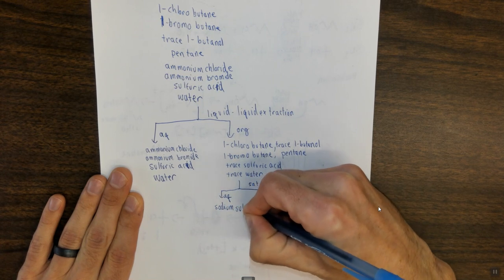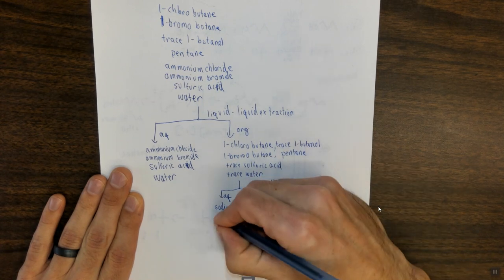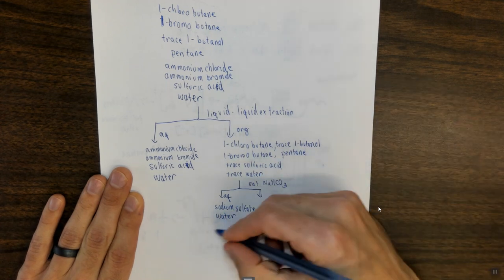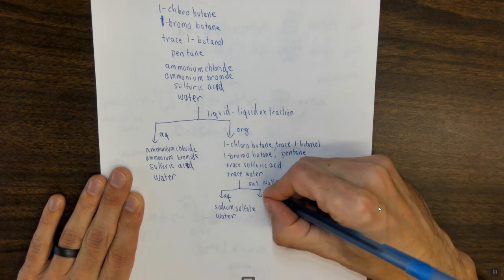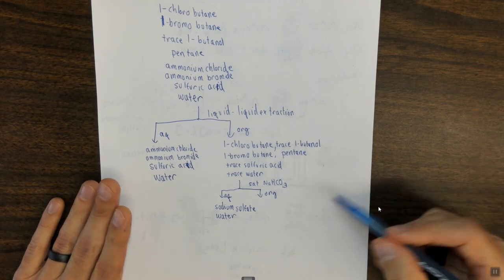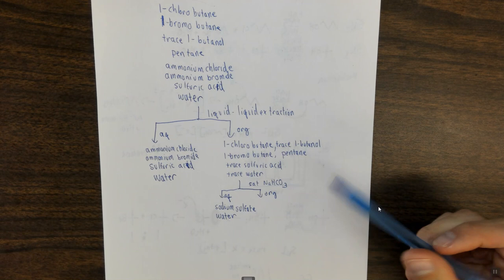No more sulfuric acid, as well as water. And you could argue there's sodium bicarbonate there. You can write that or not write that as far as I'm concerned, because it's obviously there, because you had saturated sodium bicarbonate, you're not going to react all of it.